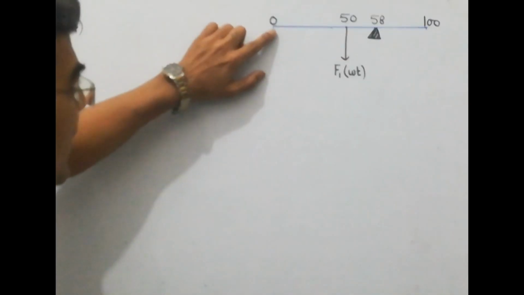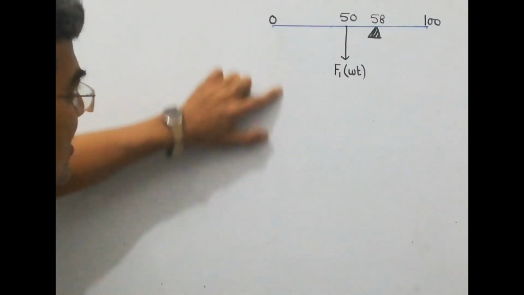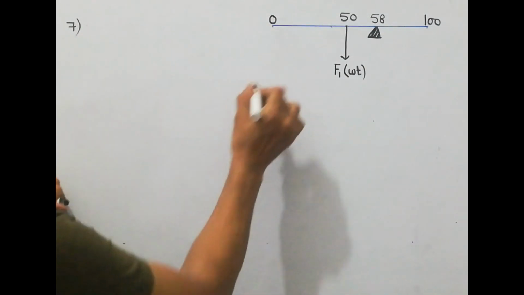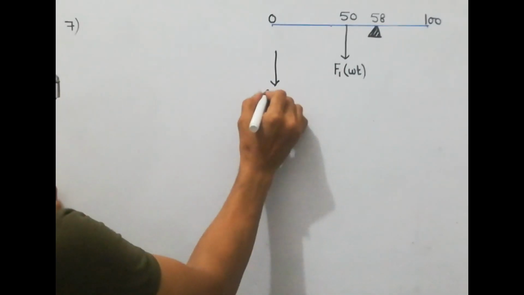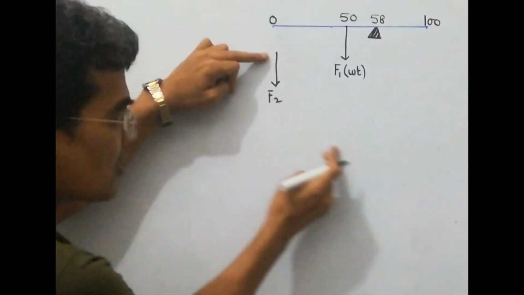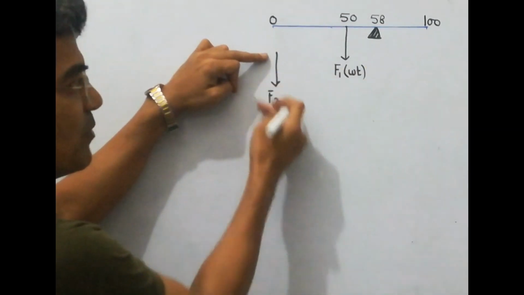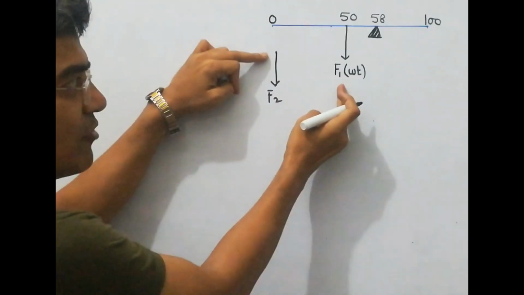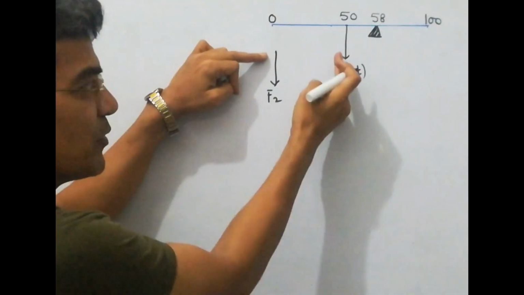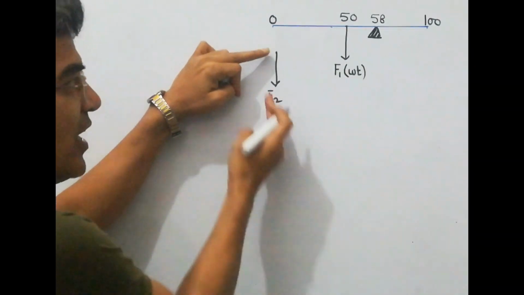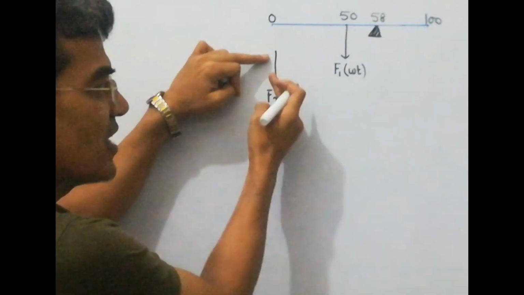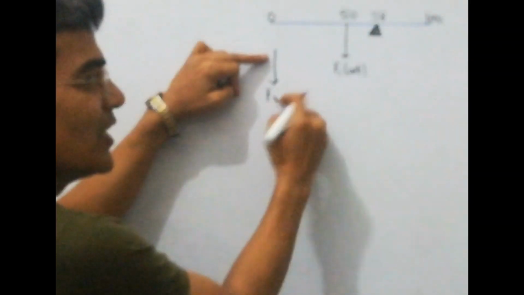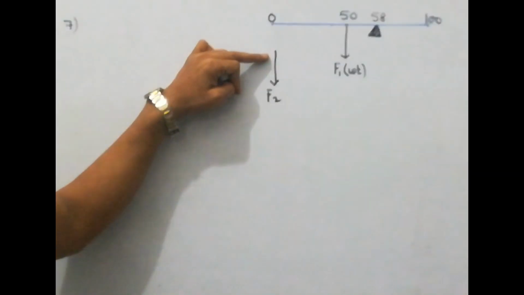Now it's clear from this diagram, you cannot place that weight this side, because if you place the weight this side, F2 will also produce anti-clockwise moment, and this force F1, the weight of the scale, is already producing anti-clockwise moment, so they will add up instead of balancing each other.